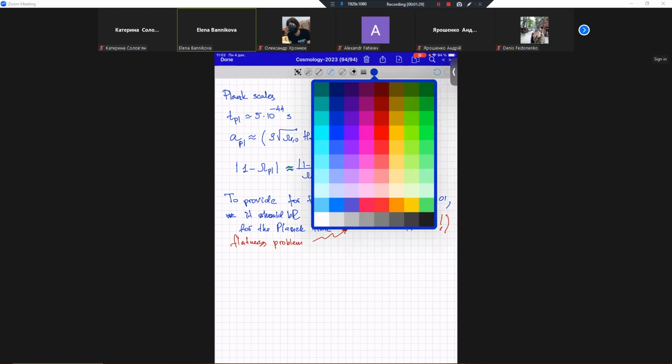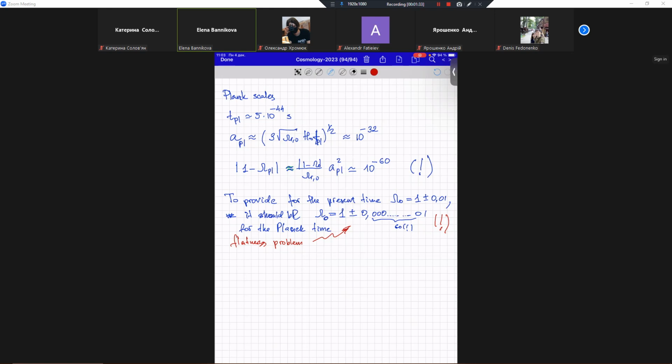The second one, also important, we call the problem of monopoles. As you know, when we speak about a magnet, we understand that a magnet has 2 poles.